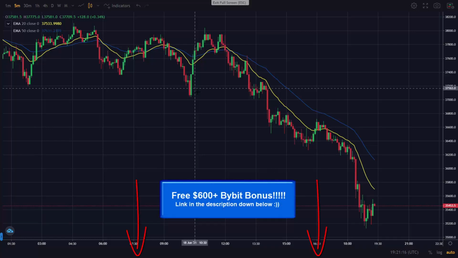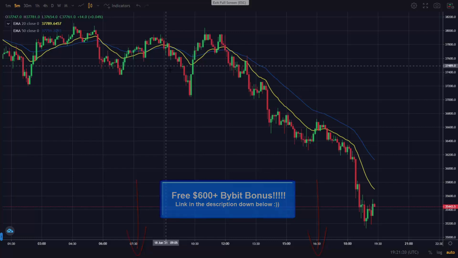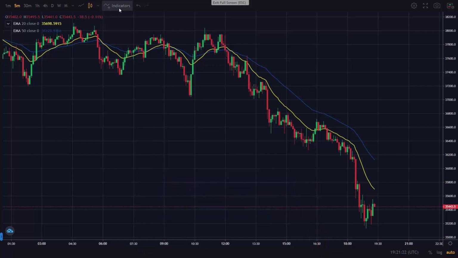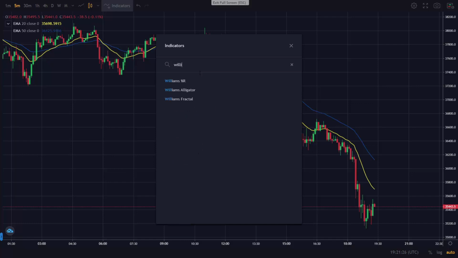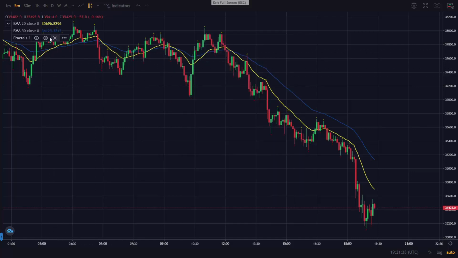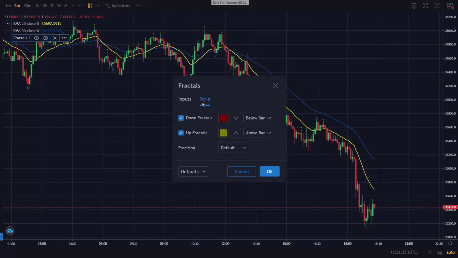Now, the next indicator that we're going to use is known as a Williams fractal indicator. So come back to indicators and type in Williams, and it's here, Williams fractal. So before I go into explaining exactly what this indicator shows, let's just make some changes to the style.